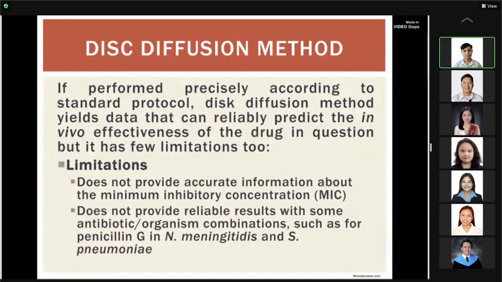It also does not provide reliable results in certain antibiotic-organism combinations, such as penicillin G for Neisseria meningitidis and Streptococcus pneumoniae.